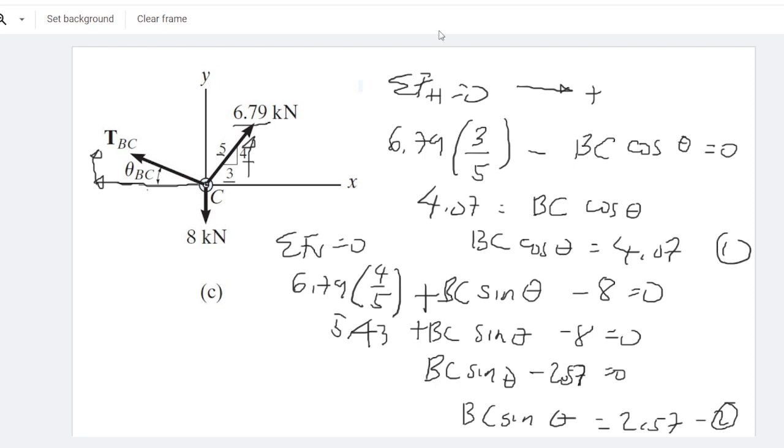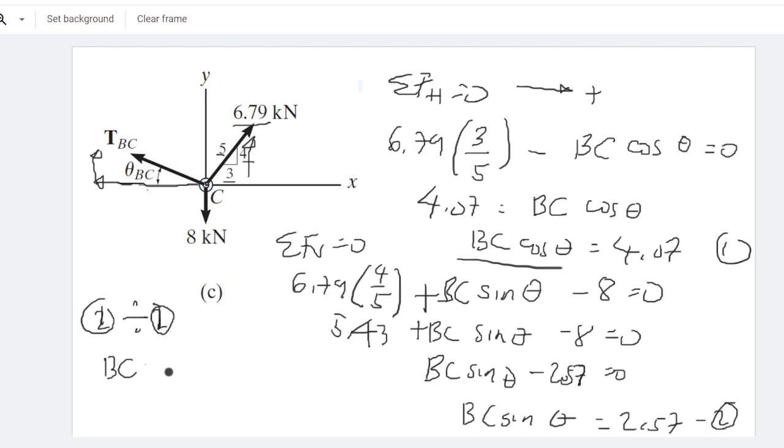Okay, if we divide equation 2 by equation 1, we make it a tangent.